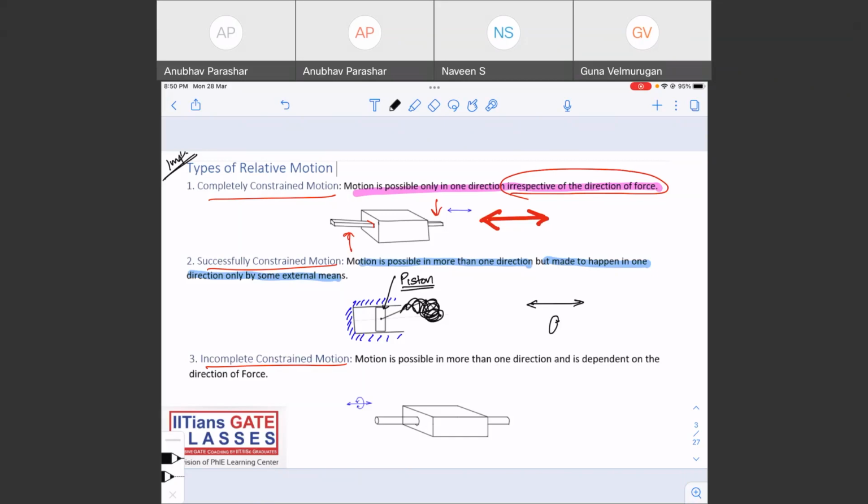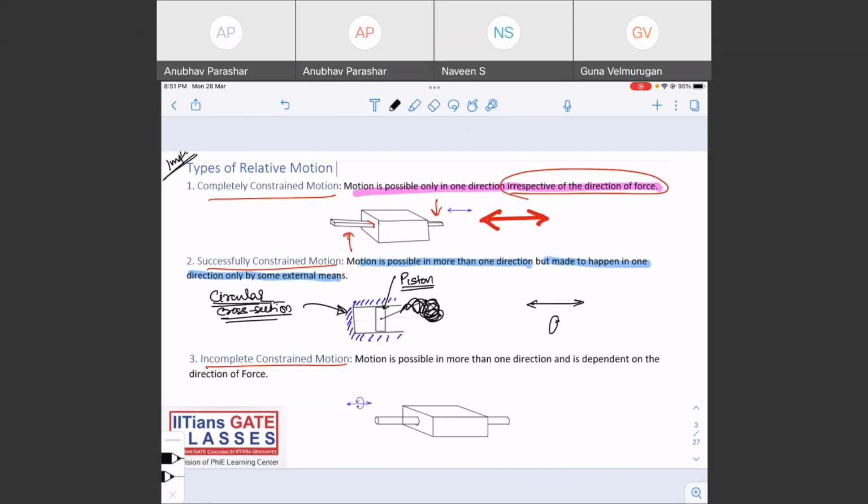Generally, more than 90% of the cases, they will have a circular cross section. So if there is a circular cross section, the piston can rotate inside the cylinder, yes or no? Definitely yes. So that is the second motion possible.